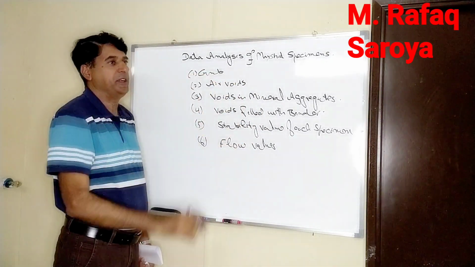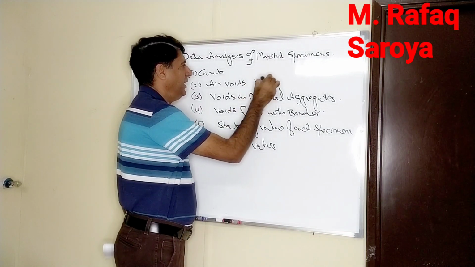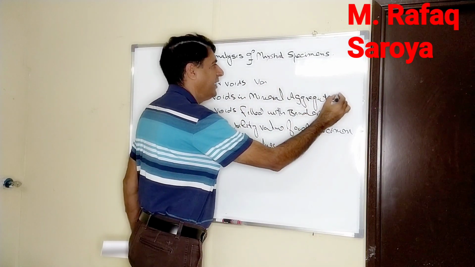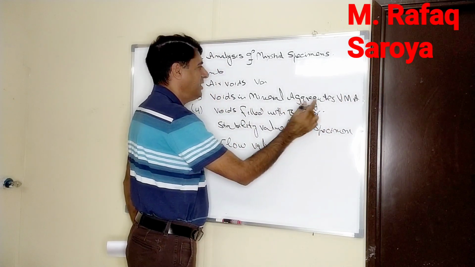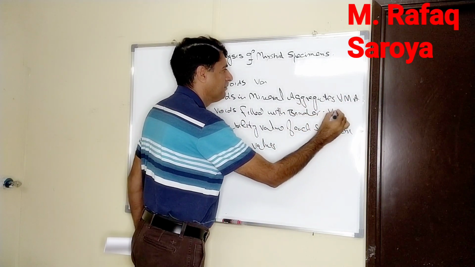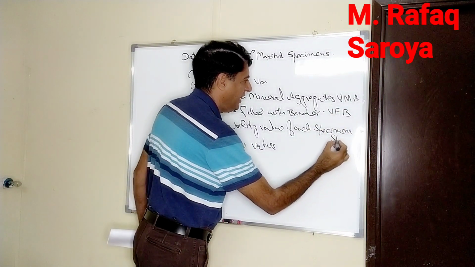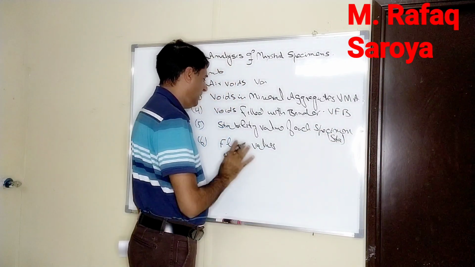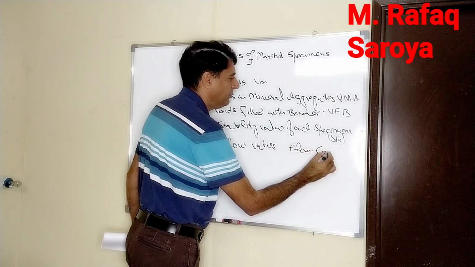These are the 6 properties. Air voids will be represented by VA. Voids in mineral aggregate would be represented by VMA. Voids filled with binder, VFB. Stability would be represented by STA. And then flow value, simply flow, and its unit is millimeter.